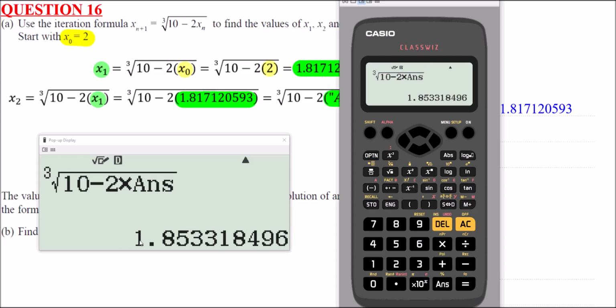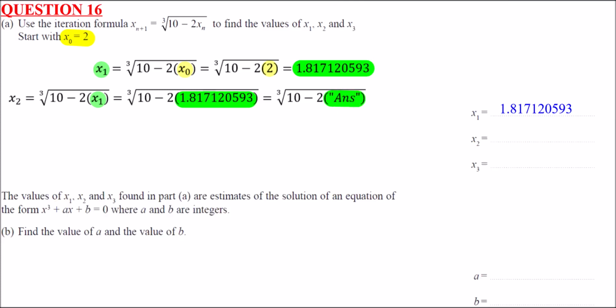So x subscript 2 is 1.853318,496 and so on. So we put this down for x2, then x2, which I'm putting in blue, is what we need to work out x subscript 3. So in the same way, x subscript 3 is a cube root of 10 minus 2 lots of x subscript 2.